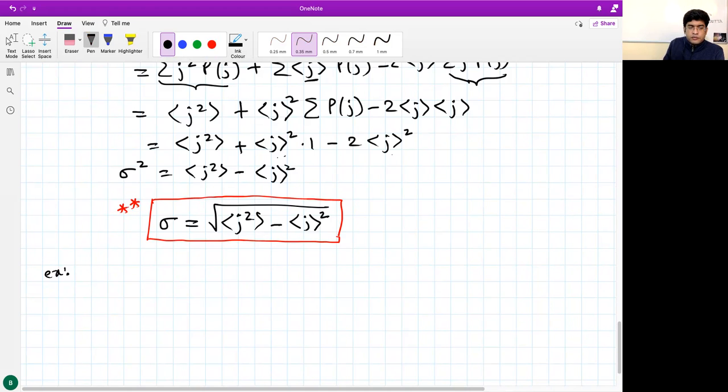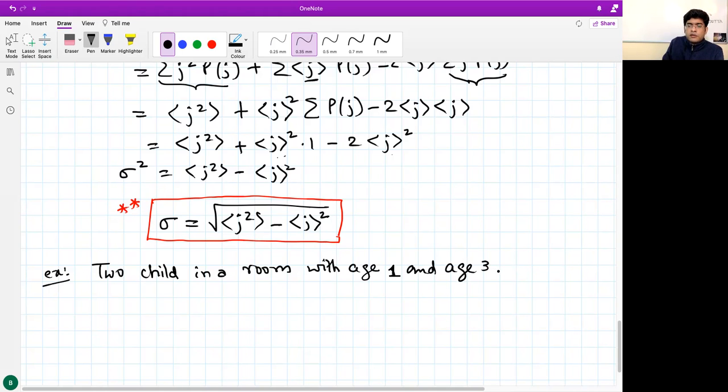Example: two children in a room with ages 1 and 3.